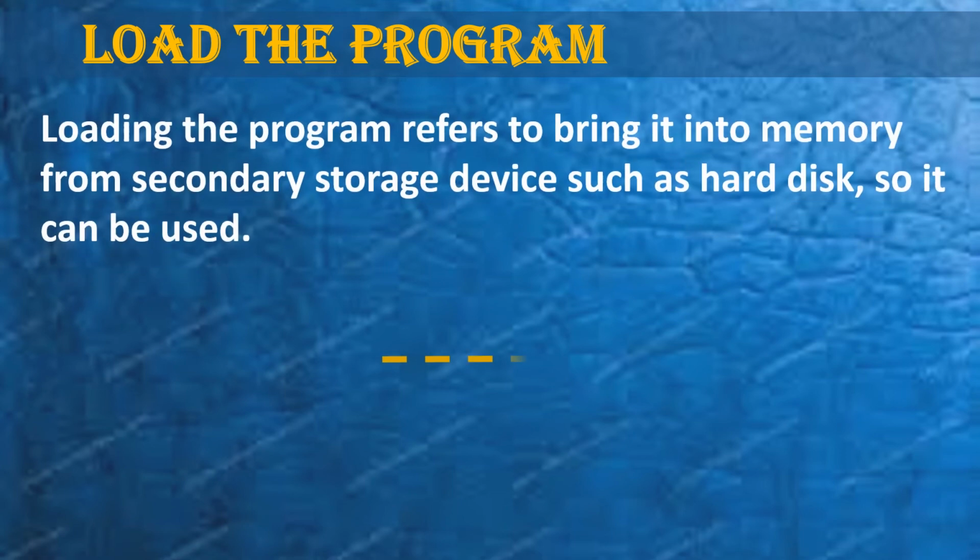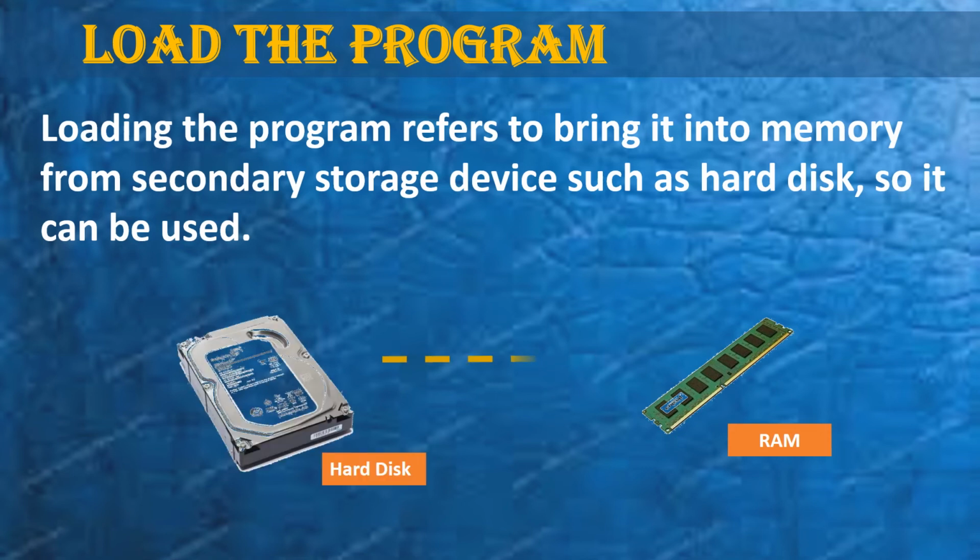After saving the file, the next step is to load the program. And now you got the concept. Loading the program refers to bringing it into the memory. What is memory? RAM. From a secondary storage device, and you know what that is? A hard disk. So it can be used.